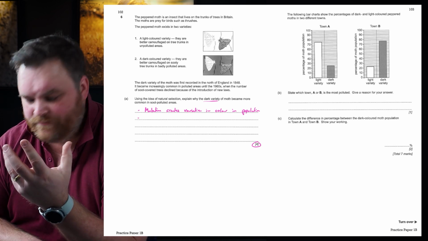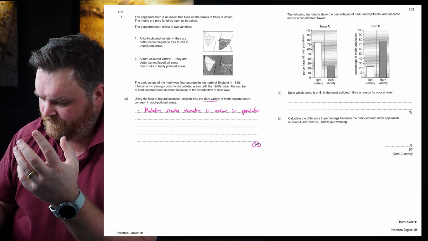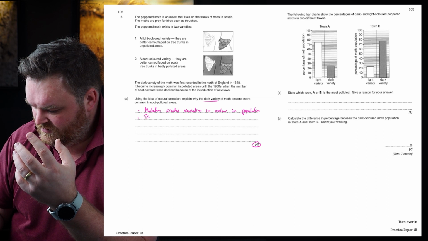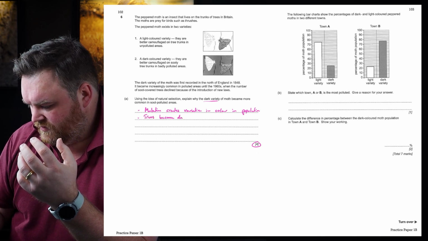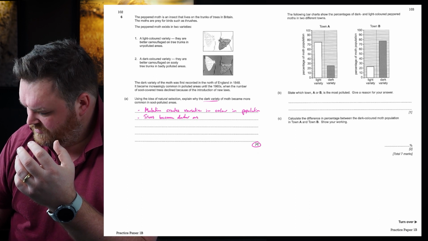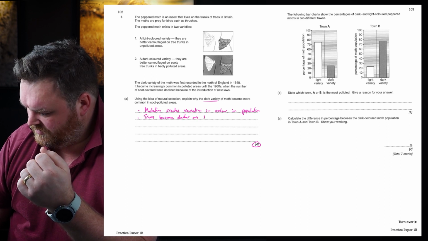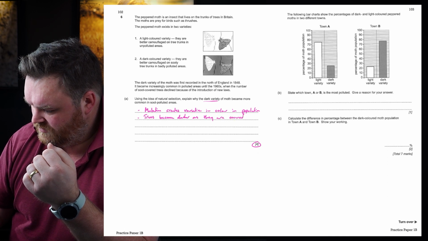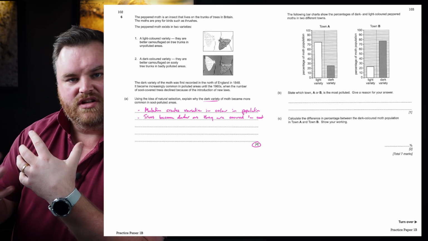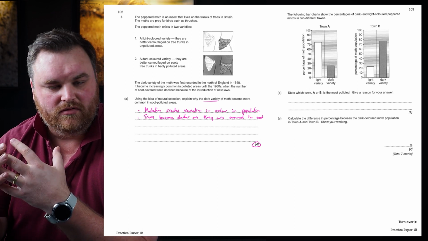Once you've got that variation, then we've got an environmental change. So the trees become darker as they're covered in soot. At that point, we're changing the environmental selection pressures.